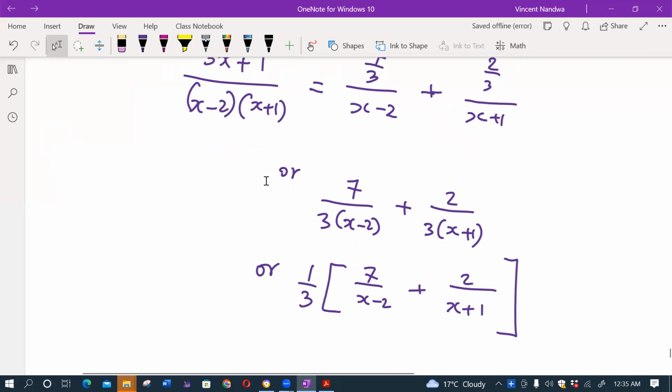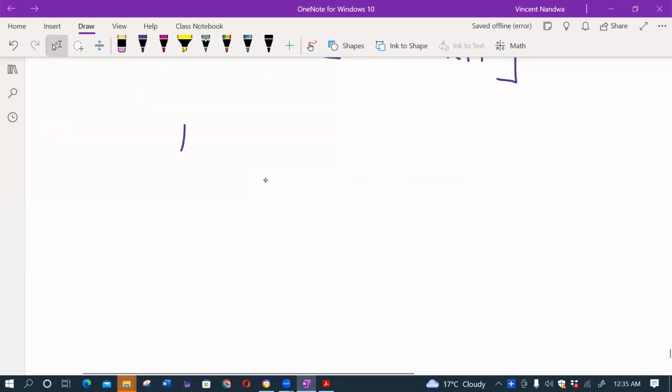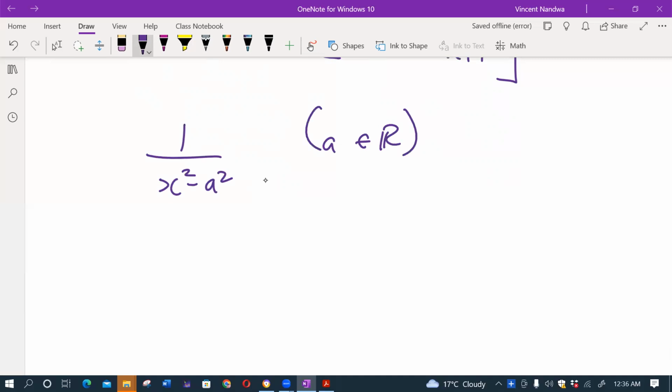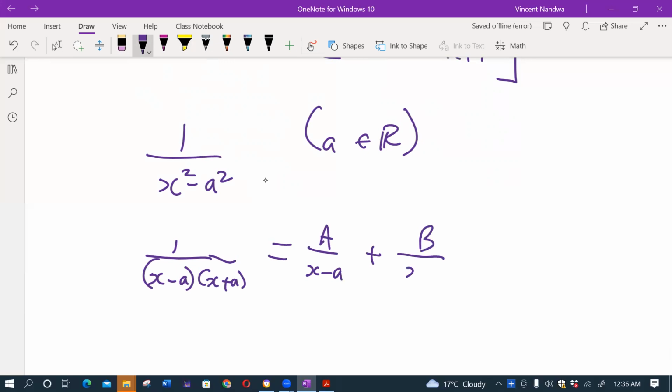Then next, we have 1 over x squared minus a squared. So remember, a is a constant. So we know that this is a difference of two squares, which can be written as (x minus a) times (x plus a), which will be A over x minus a plus B over x plus a.